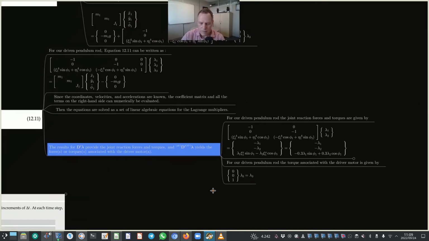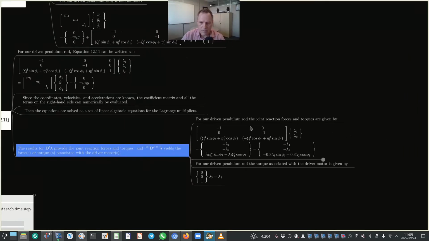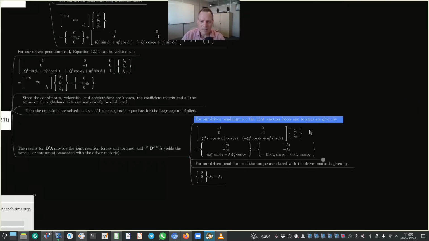Now, let's have a look at our driven pendulum example once again. The joint reaction forces and torques, and remember there is only a single joint, that's the revolute or rotation or pin or hinge joint, are given by the transpose of the Jacobian matrix multiplied by the two Lagrange multipliers.